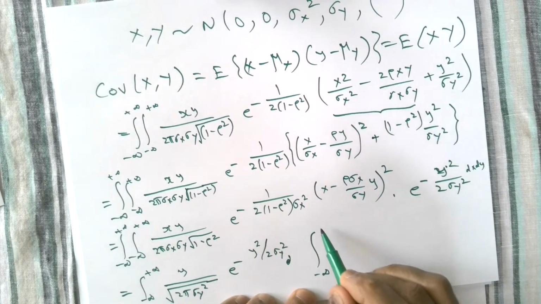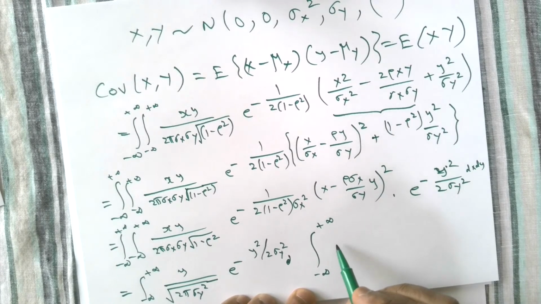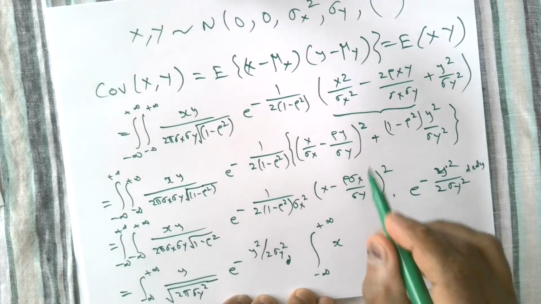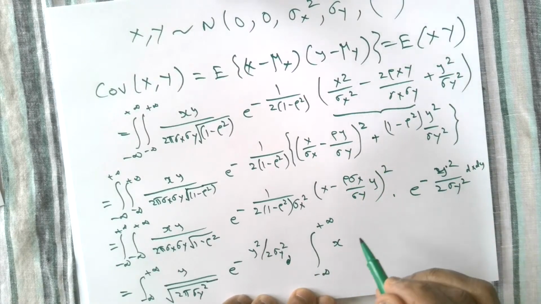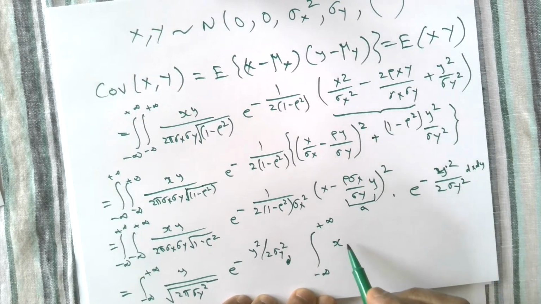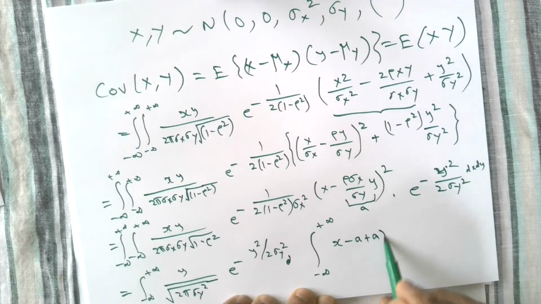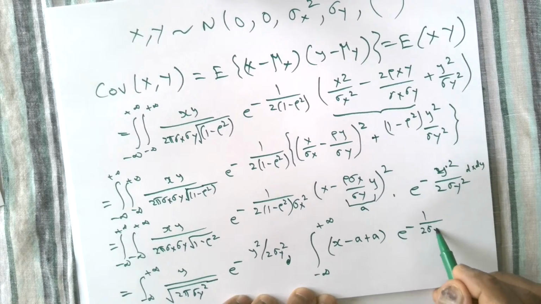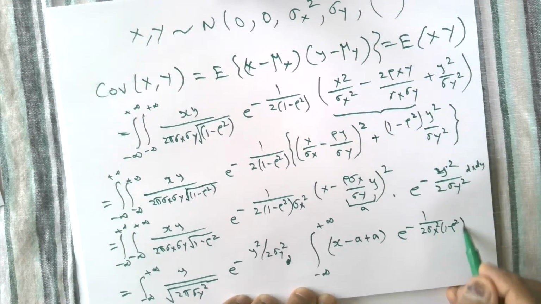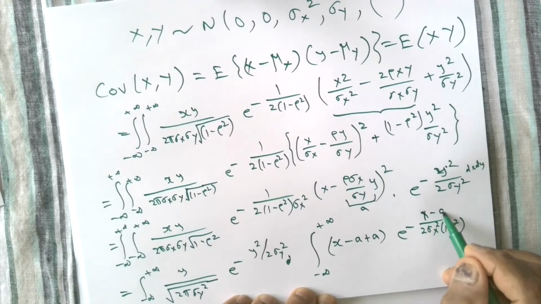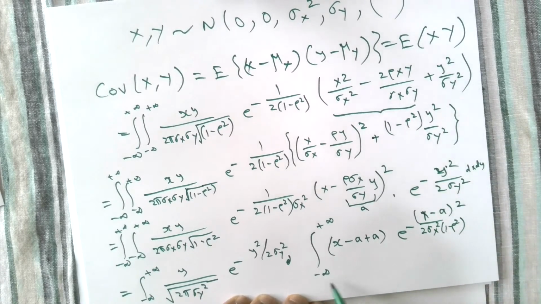So let me complete this one also. So this is x, and let me call this whole thing a. So if I write this as x minus a plus a, then you have e to the power minus 1 over 2 sigma x squared multiplied by 1 minus rho squared, and here in the numerator you have x minus a the whole square.